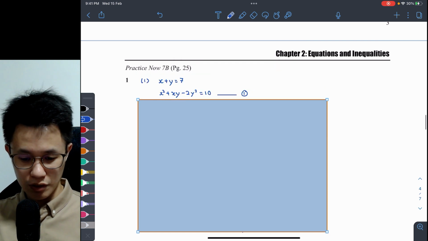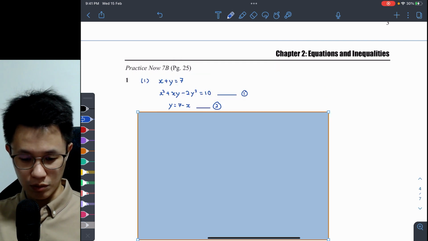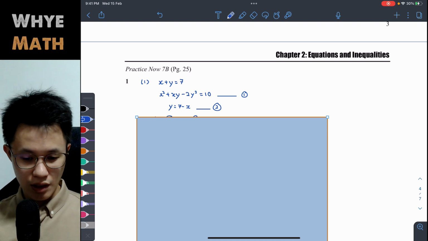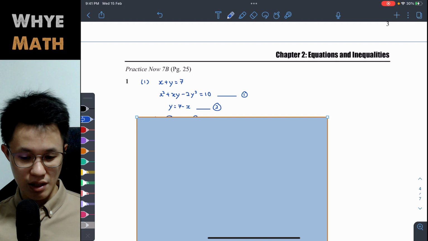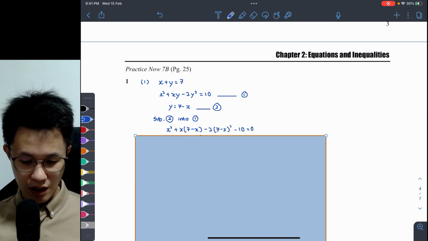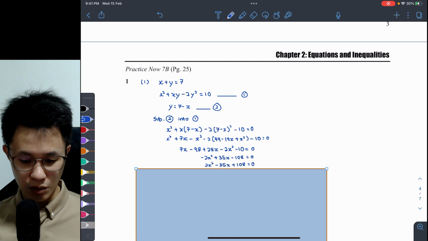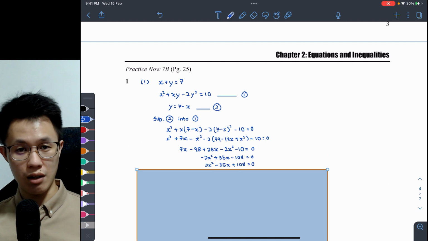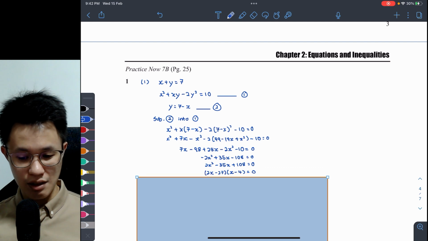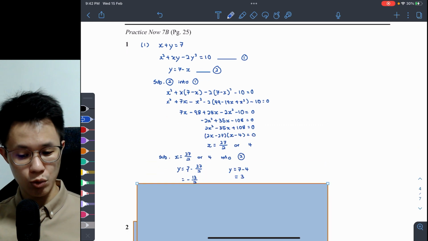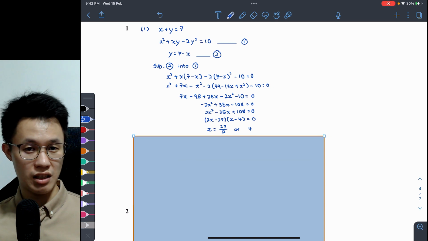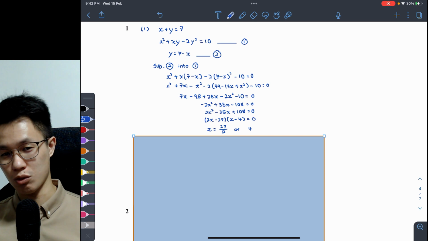One example I'm going to use is question 1 part 1. You're supposed to solve it. You have two equations here, x plus y equals 7 and x squared plus xy minus 2y squared equals 10. You figure out some steps and you will come to a resultant equation, which is 2x squared minus 35x plus 108 equals 0. This is a factorizable one, and you will get two answers of x, which tells you it cuts at 2 points.